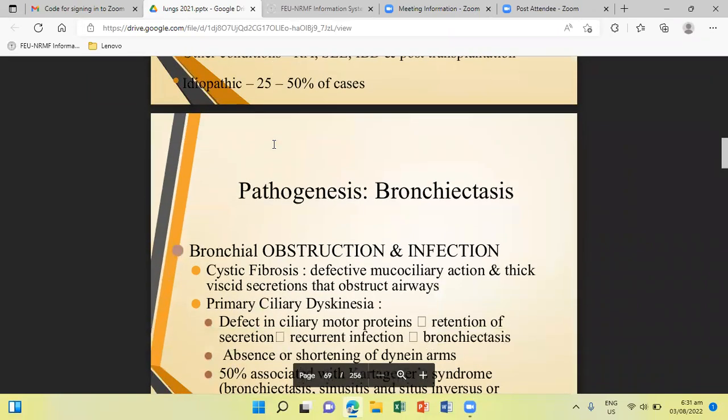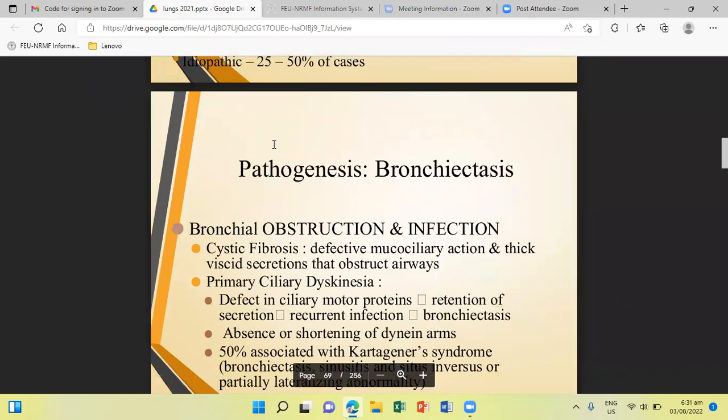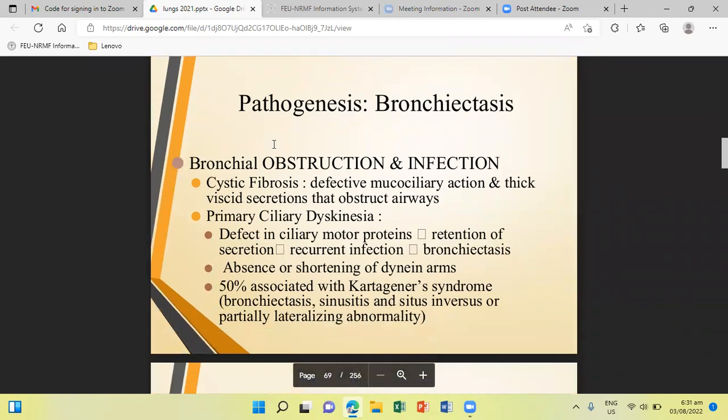So let's talk about the pathogenesis. For example, in cystic fibrosis, there is impaired secretion of chloride ions into mucus, with low sodium and water content. We have two terms to remember: obstruction and infection.